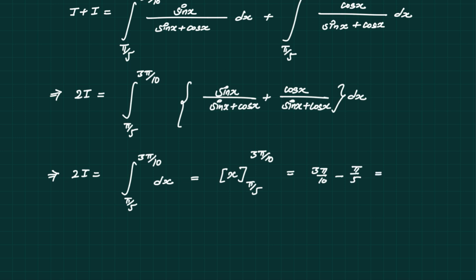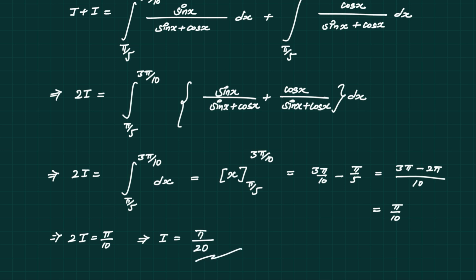It equals, the LCM is 10, and in numerator we will have 3 pi minus 2 pi, which will be equal to pi over 10. But this pi over 10 is the value of 2I, that is 2I equals pi over 10, and this implies I equals pi over 2 tens are 20. So the answer for this integral is pi over 20.